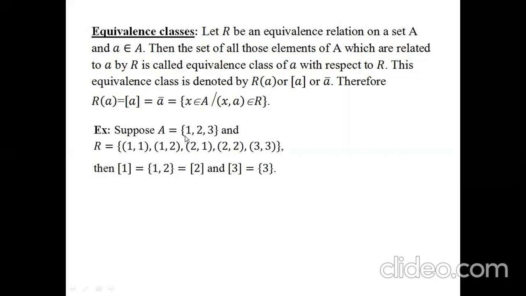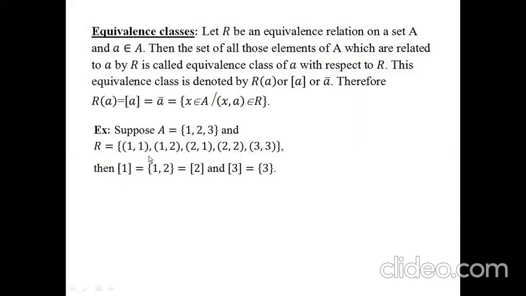Suppose the set A equals {1, 2, 3} and relation R is defined as {(1,1), (1,2), (2,1), (2,2), (3,3)}. Then the equivalence class of 1 equals {1, 2}. Let me explain how. Observe from the relation R, if I want to write down the equivalence class of 1, I have to look into which elements 1 is related to.